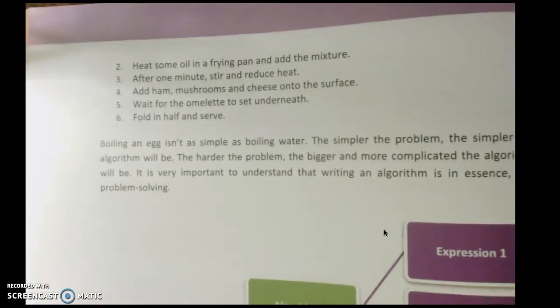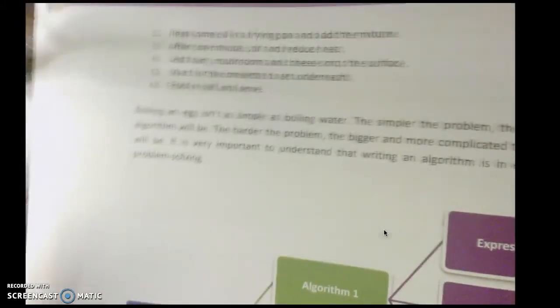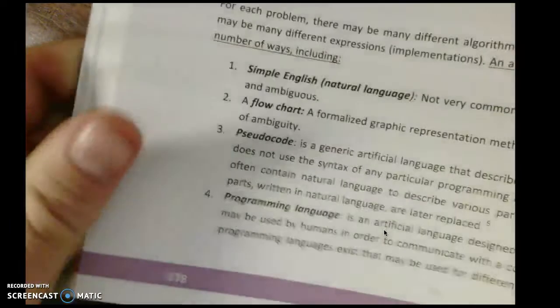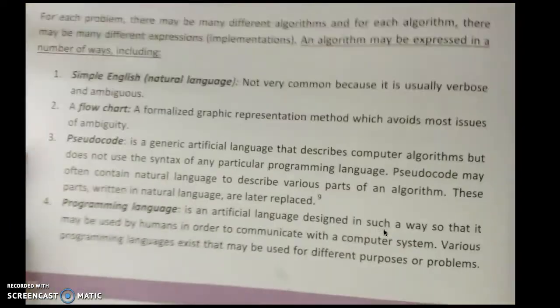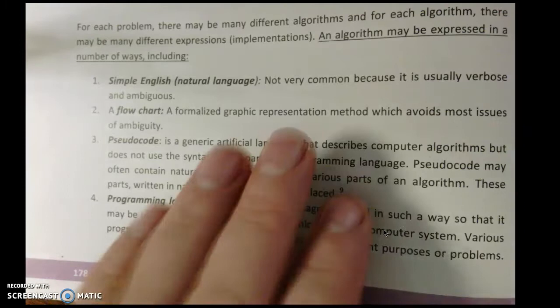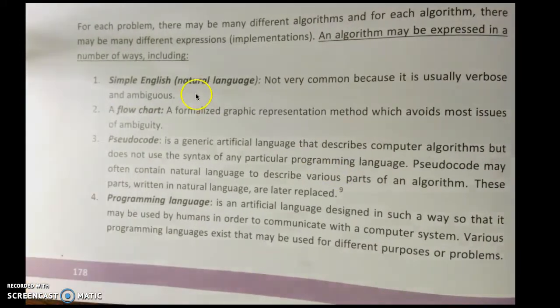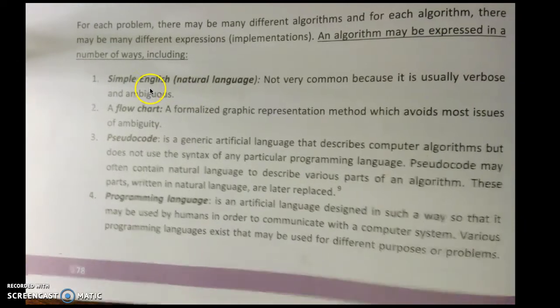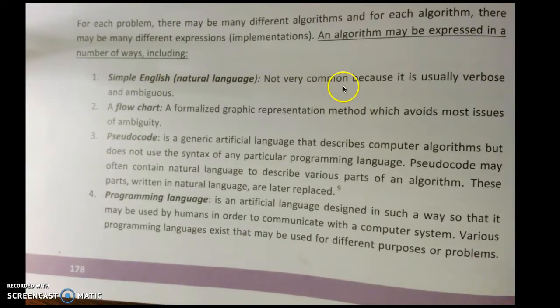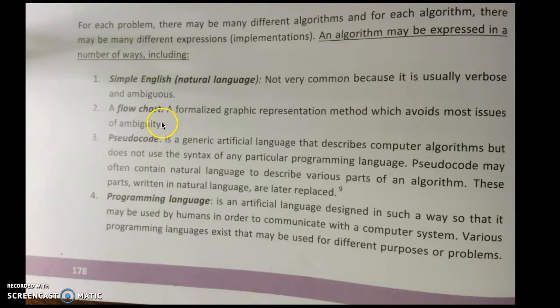Down here, and this is part of the IB standards, you need to know that there are a number of ways that we can express an algorithm. We could use simple English or natural language. That's how we did this with the peanut butter and jelly. You could use a flowchart, which is a graphical representation of how the algorithm works.